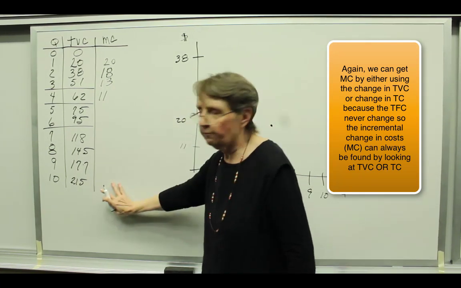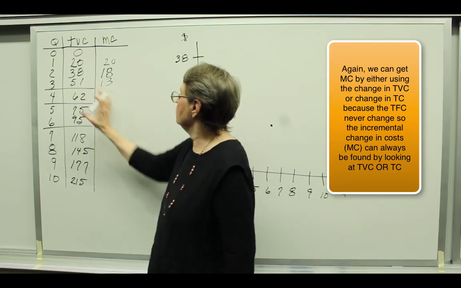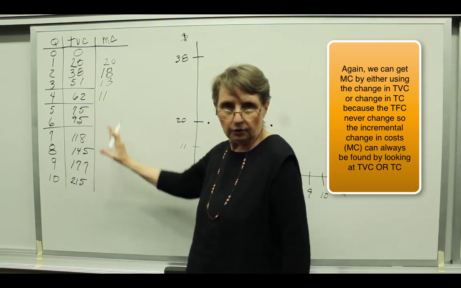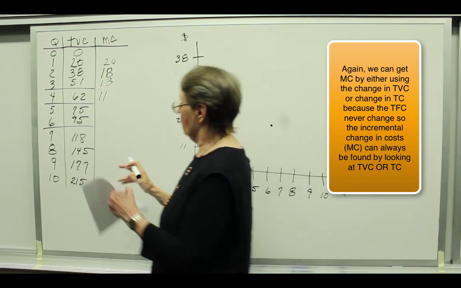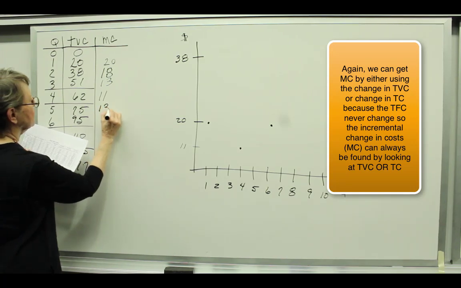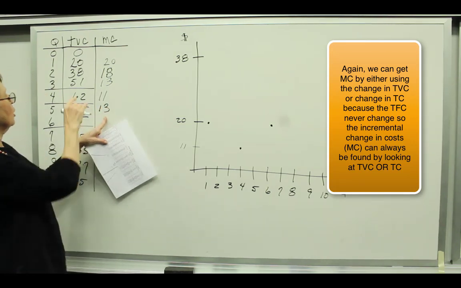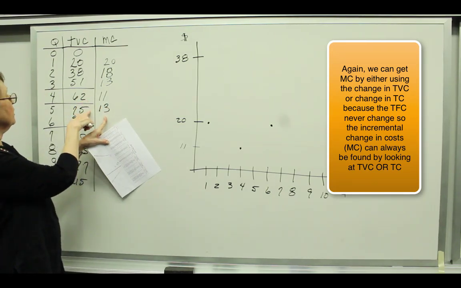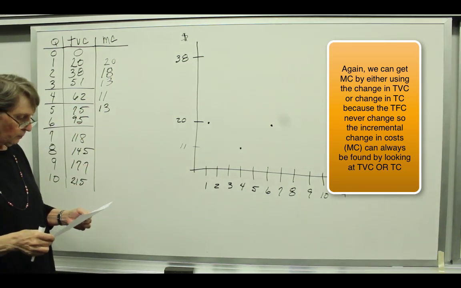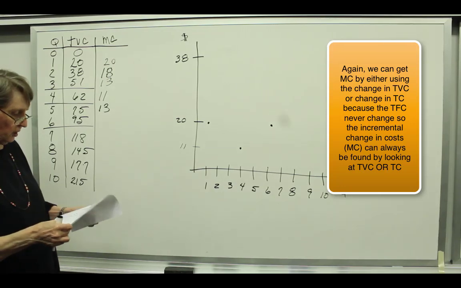Now I'm just going to go ahead and fill in the rest of the chart, but you understand how we figure out marginal costs just by looking at the change in the variable cost. So I'll go ahead and finish filling this out. 11, then it starts going back up. My marginal costs go back up. From the fourth to the fifth, I go from 62 to 75, which is a change of $13.